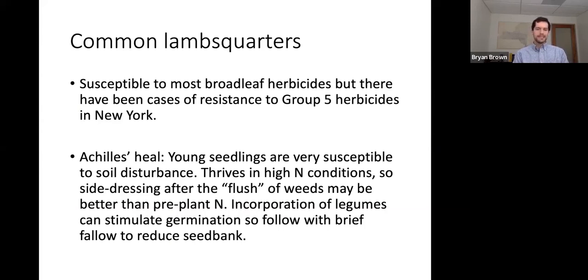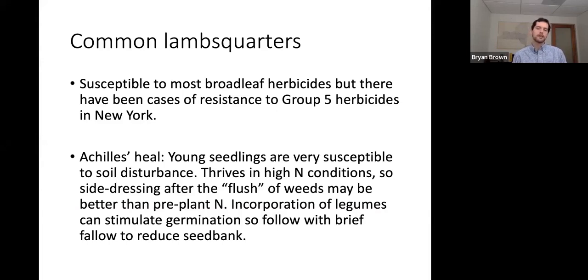Okay, so the Achilles heel, and there's not really a great Achilles heel for common lambsquarters, but the young seedlings are really susceptible to soil disturbance. They're really fragile. So cultivation is a good one for lambsquarters.